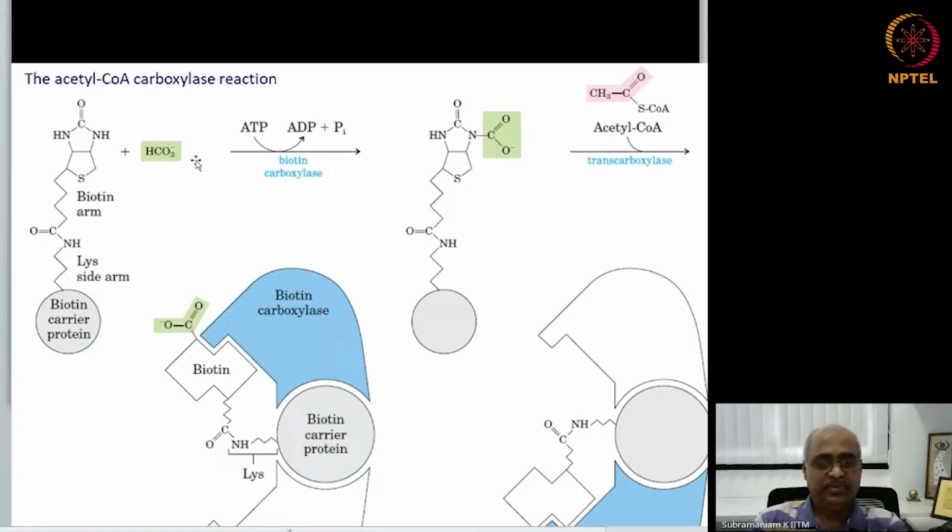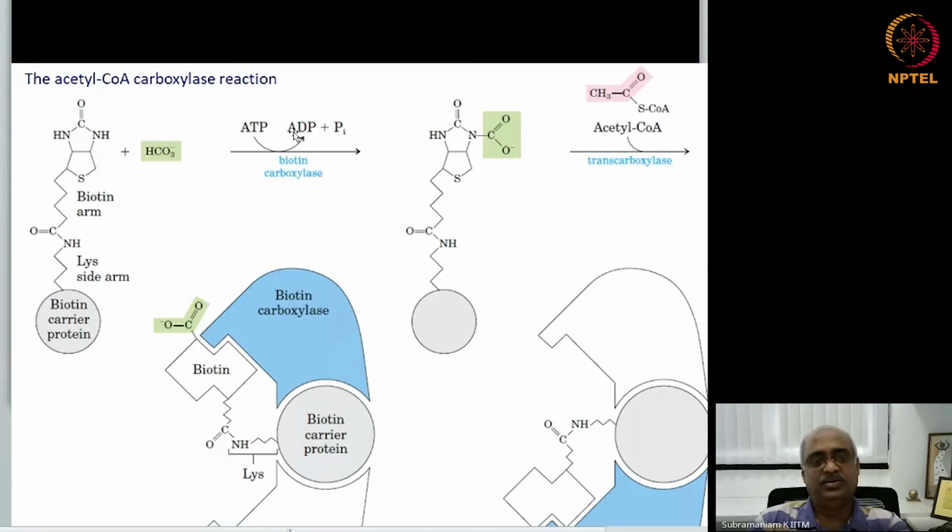Here again, first an activated carbon dioxide is formed by phosphorylating the carboxyl group of the bicarbonic acid. Okay, so the bicarbonate becomes phosphorylated by the first active site of the biotin carboxylase.